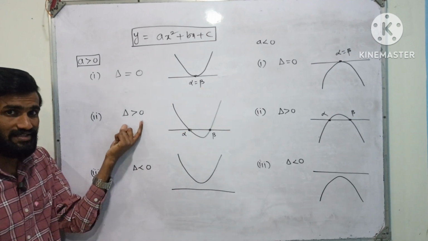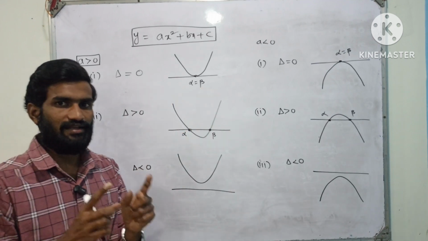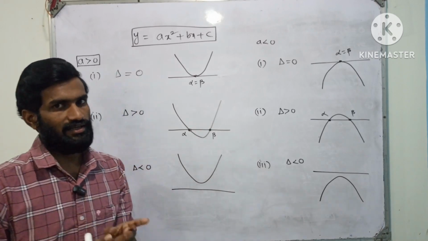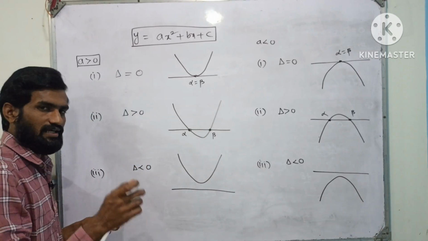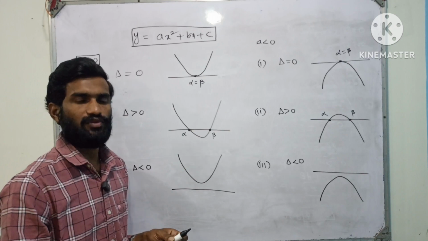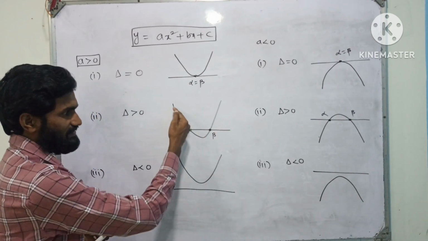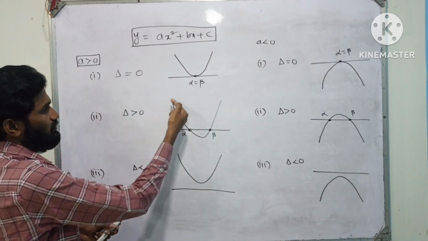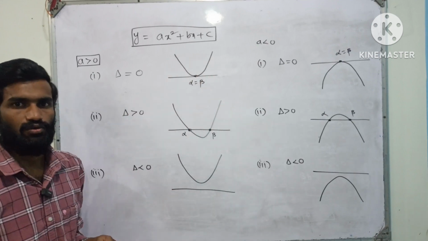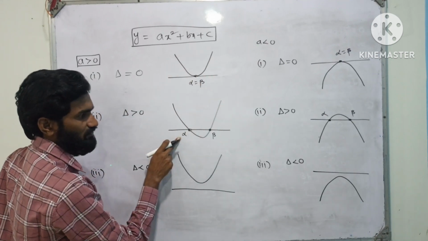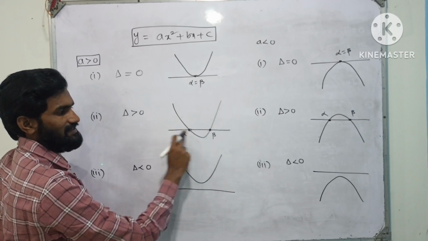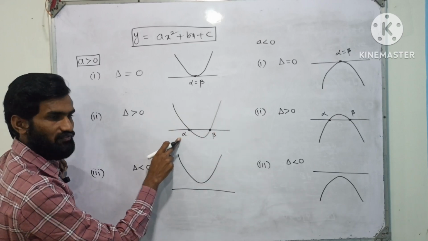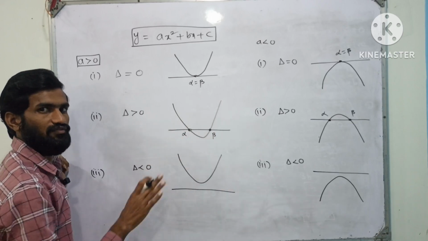Similarly, if discriminant is greater than 0, we have real and unequal roots. Real roots means it definitely intersects the x-axis. This is the x-axis and it is intersected, but here a is greater than 0, that's why it is an upward parabola. Here we have 2 roots, alpha and beta. It intersects the x-axis at 2 places, one is alpha and one is beta. These 2 are the roots itself.